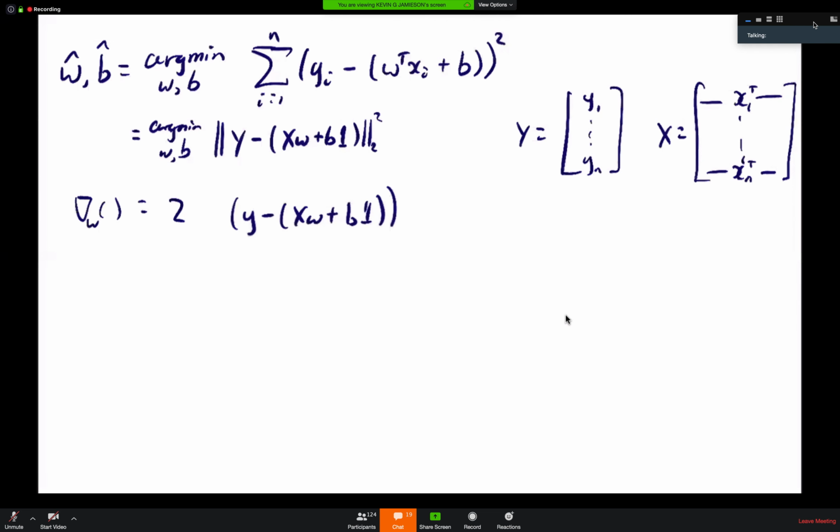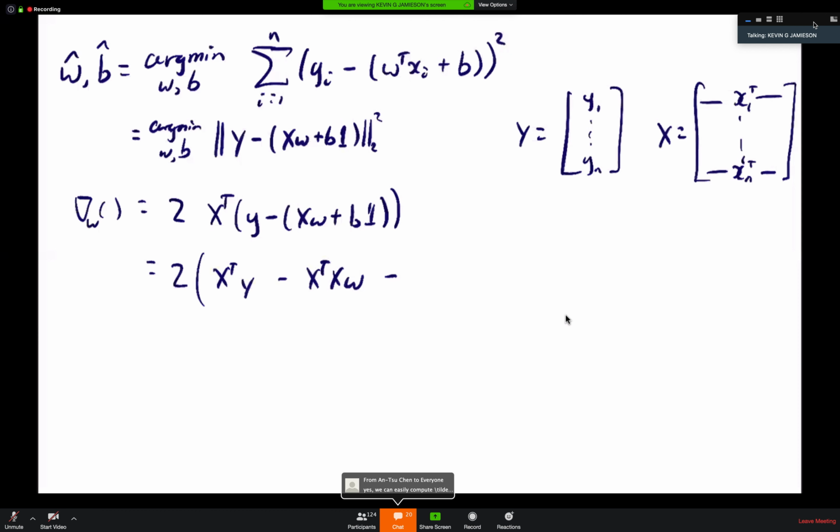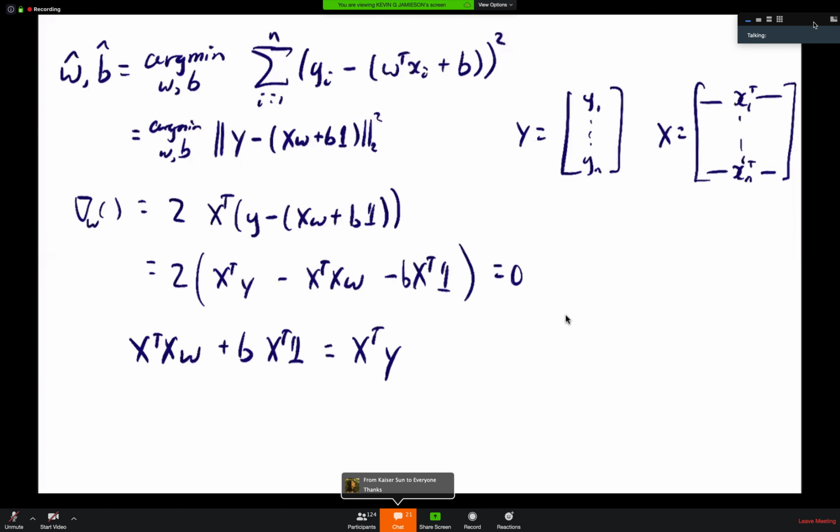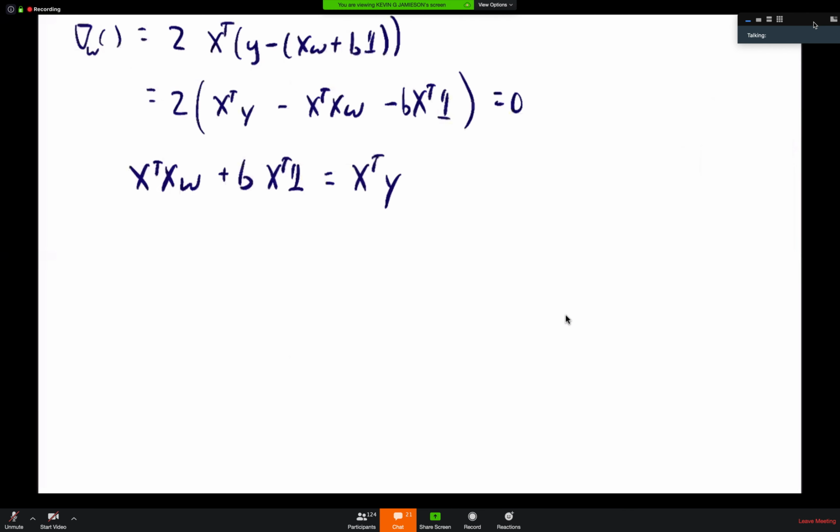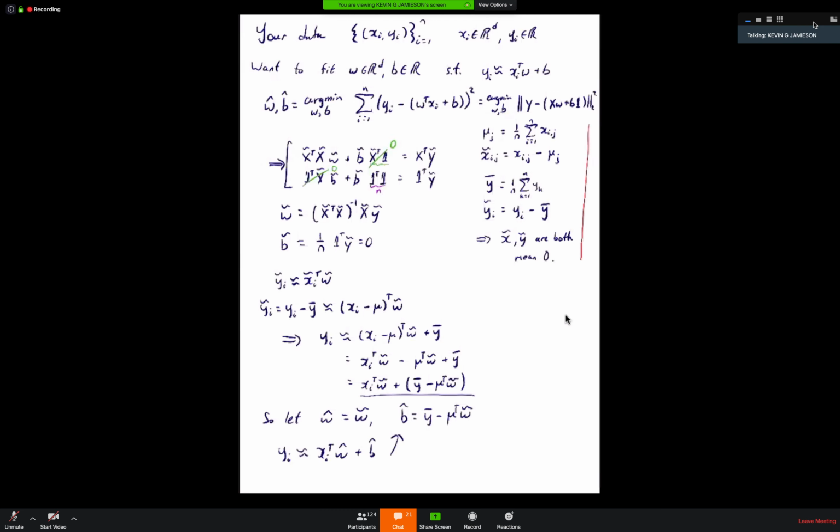That has to be equal to 0, which is just 2 x transpose y minus x transpose x w minus x transpose 1 times b, all equal to 0. Rearranging, x transpose x w, divided by 2, doesn't matter, plus b x transpose 1 is equal to x transpose y. Yes, that's exactly what we got.